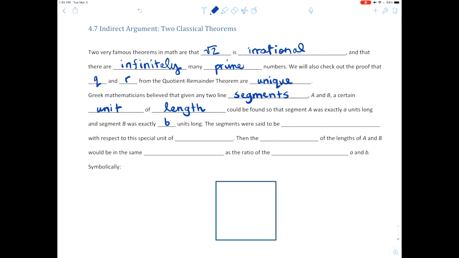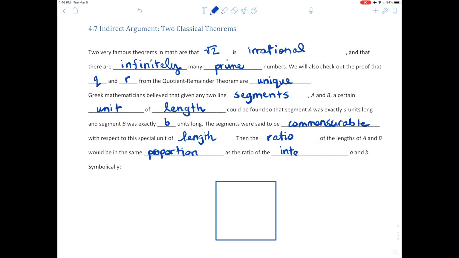The segments were said to be commensurable with respect to this special unit of length. Then the ratio of lengths A and B would be in the same proportion as the ratio of the integers.